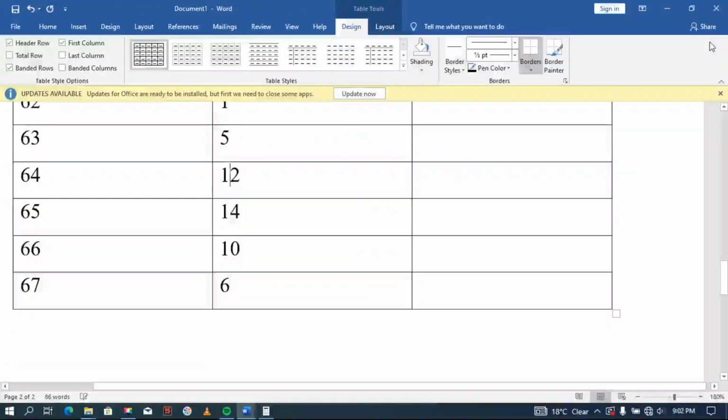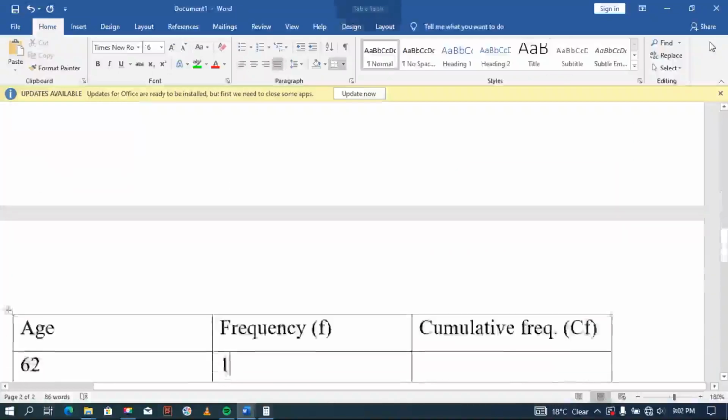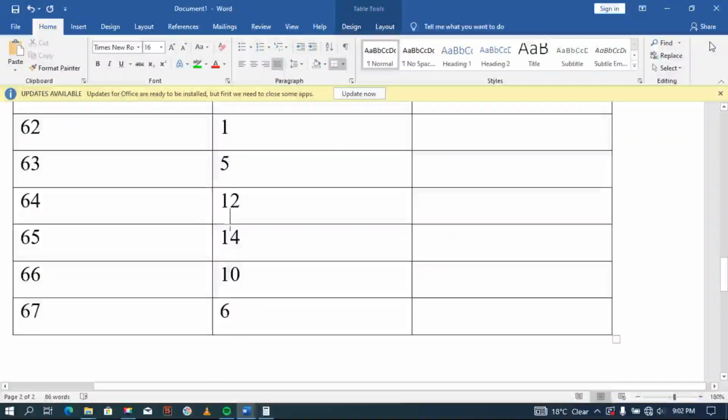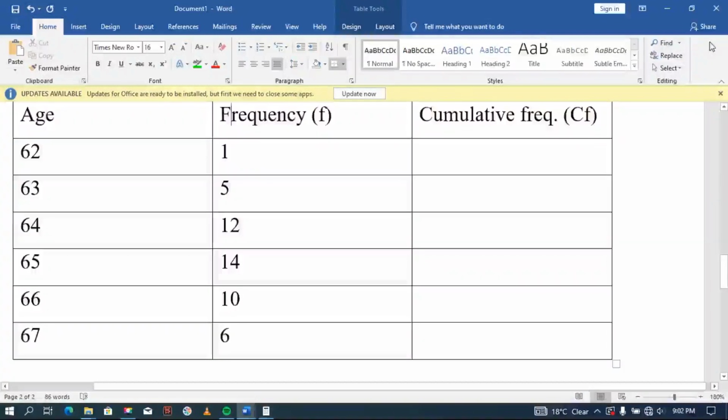Now we are going to find the cumulative frequencies. How do we find them? We simply keep on increasing the frequencies of respective observations. For example, the first cumulative frequency is the frequency of the first age, that is 62. Its frequency is 1, so we take that to be the first cumulative frequency.